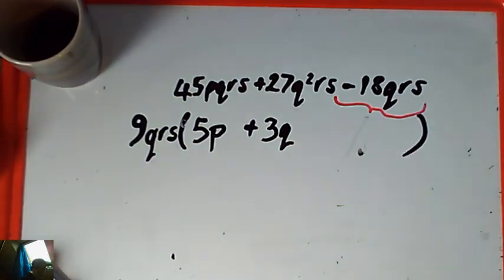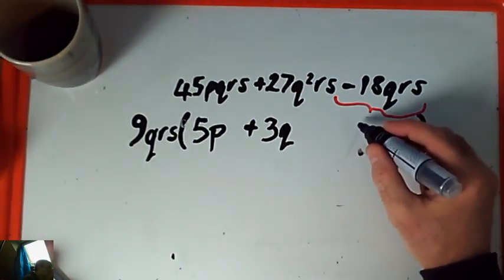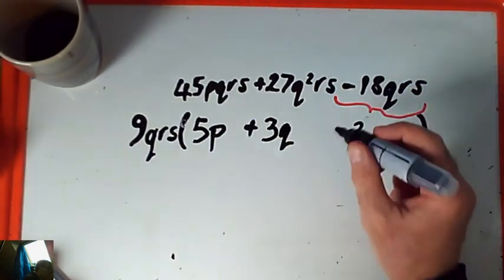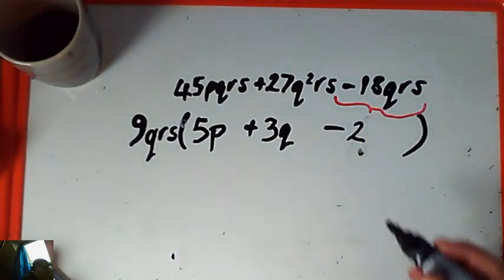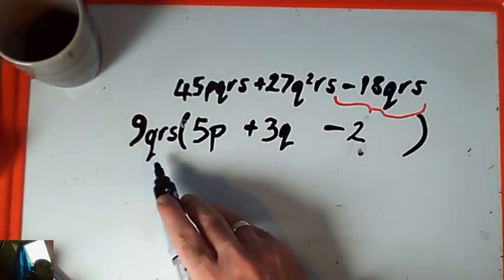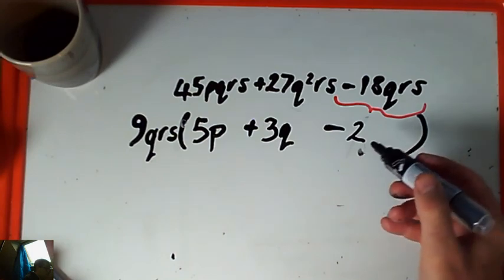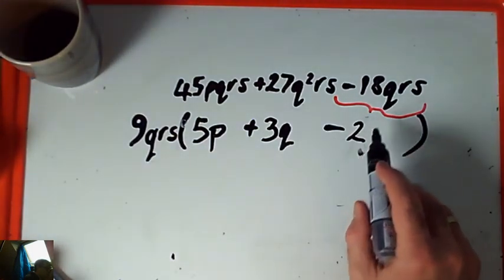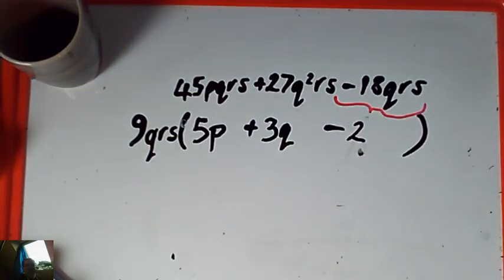I think I'm going a little bit too fast for my own brain here. So 9 times 2 inside the bracket would give me the 18. 9 times minus 2 inside the bracket would give me the minus 18. And then we've got the q and the r and the s already, so that's all there. So 9qrs times minus 2 gives me minus 18qrs.